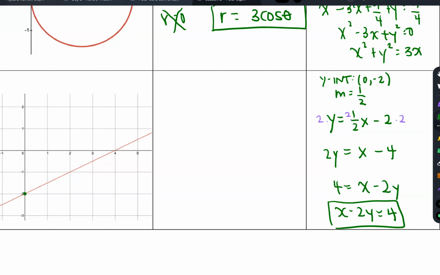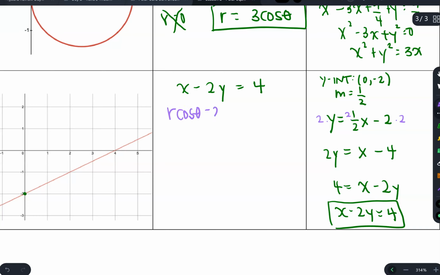So now we want to change it into polar. So I'll have x minus 2y is going to be equal to 4. Remember, x is the same thing as r times cosine theta. y is the same thing as r times sine of theta. And we don't do anything over here.